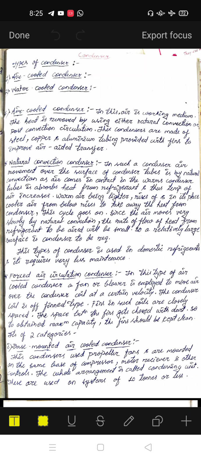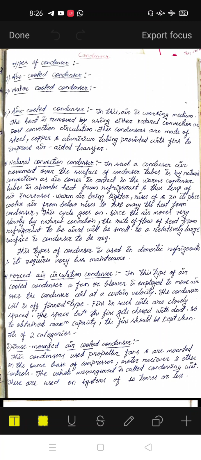Next, the natural convection condenser. In such a condenser, air movement over the surface of the condenser tubes is by natural convection. As air comes in contact with the warm condenser tubes, it absorbs heat from the refrigerant, and thus the temperature of the air increases.